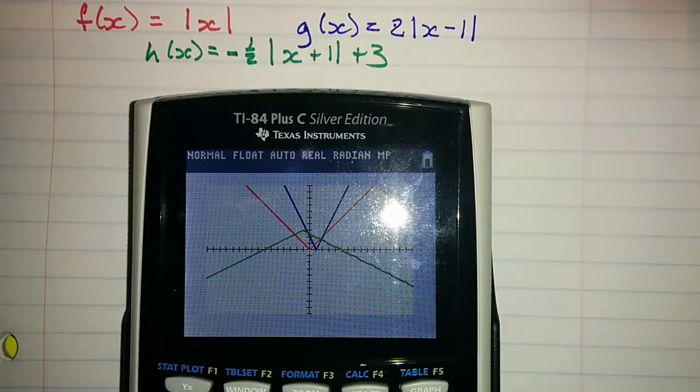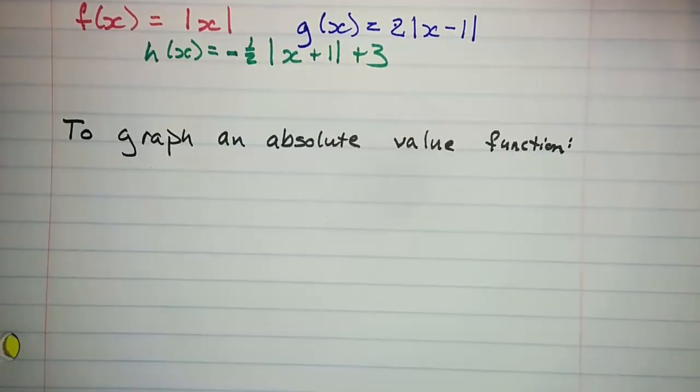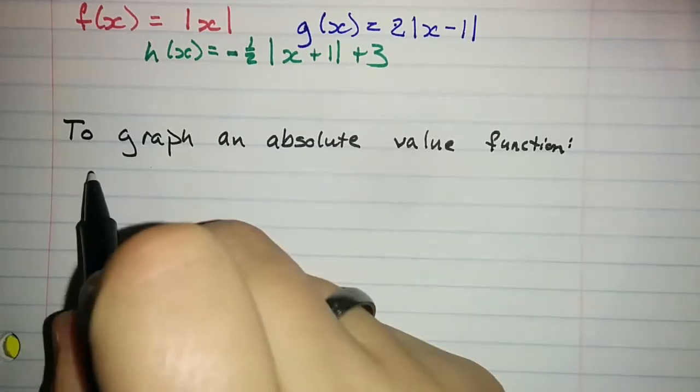And it looks like I can see what I'll need to do in order to graph an absolute value function. What will I need to do? Well, first I'm going to have to figure out where on the graph the point of that V goes.